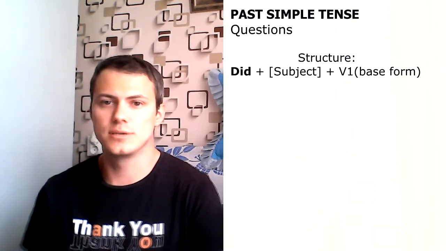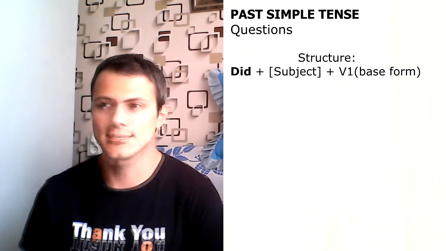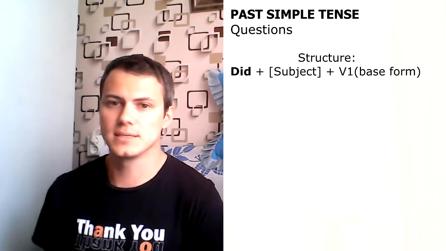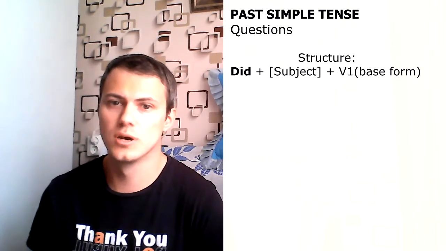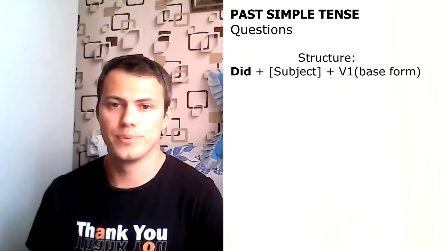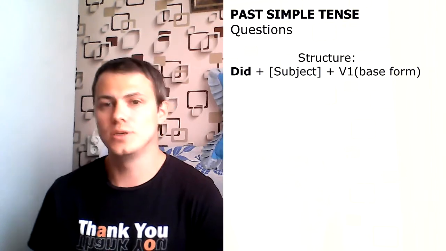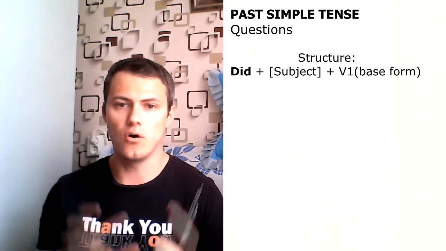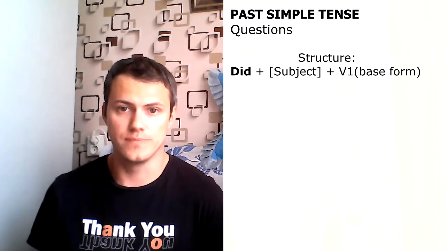Okay, so what about questions using the past simple tense? For producing questions using the past simple tense, we should also use the auxiliary verb did, but we should place it at the beginning of the question.